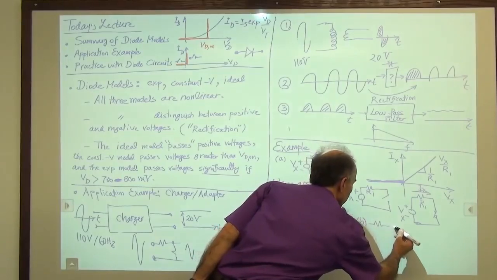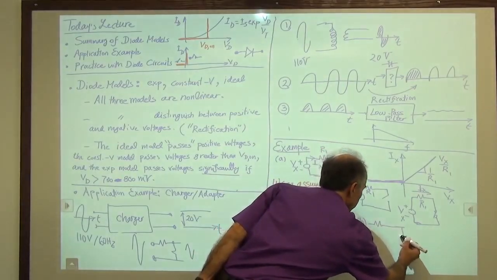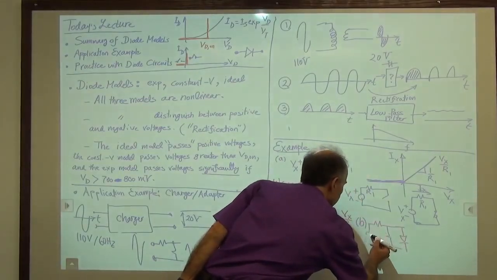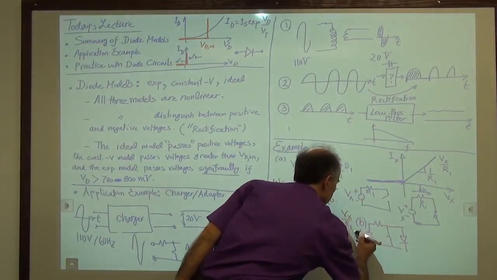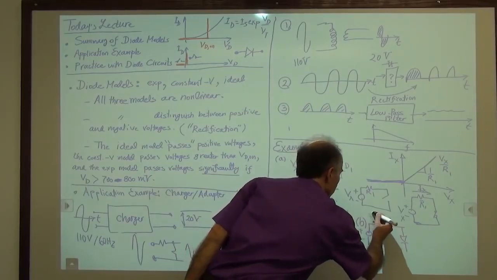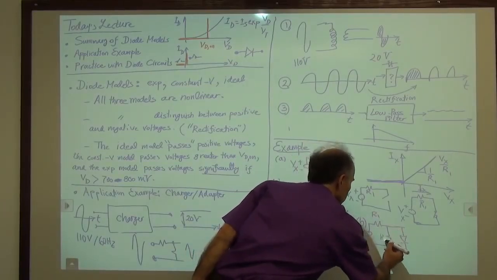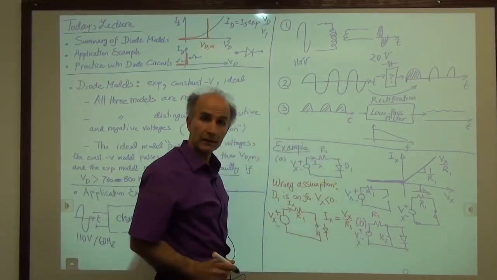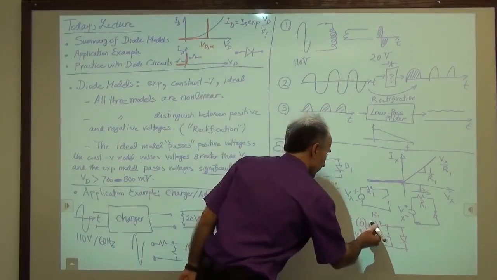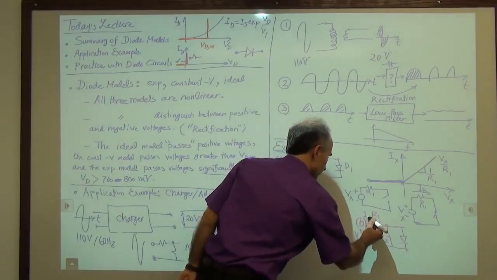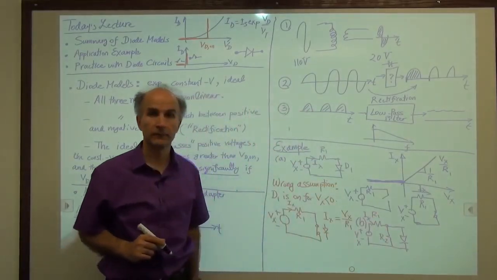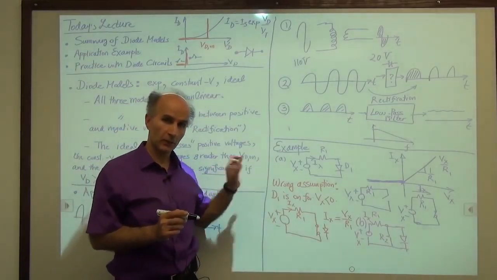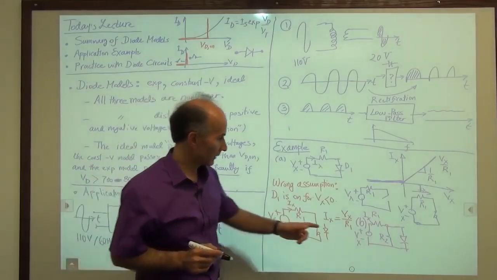We have a resistor, a diode, another resistor, and the same situation as before. So we have Vx, R1, R2, and the diode. And we are still interested in the current Ix. So that's the only difference between the circuit in part B and the circuit in part A. We came along and added a resistor here.